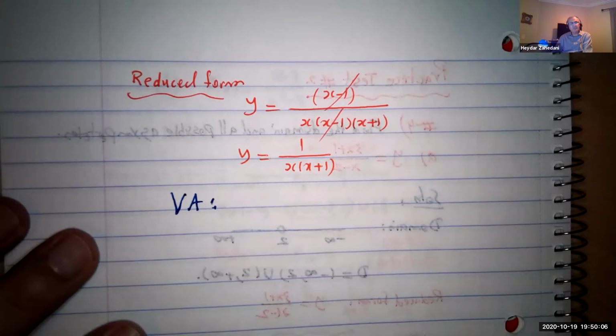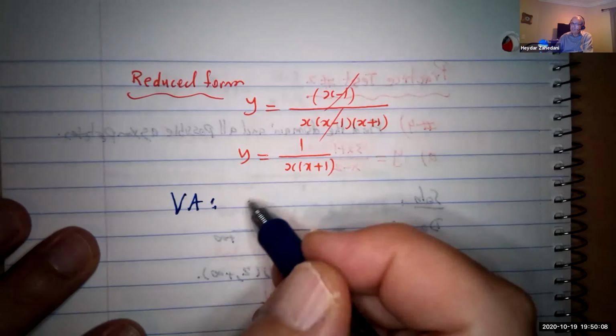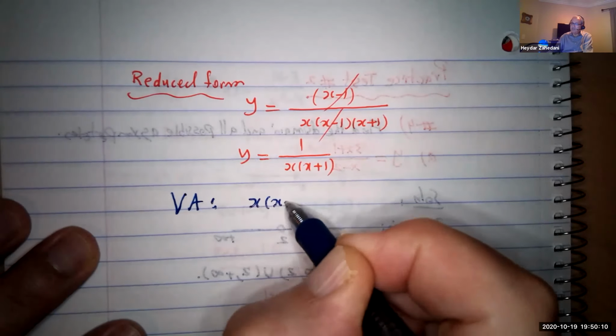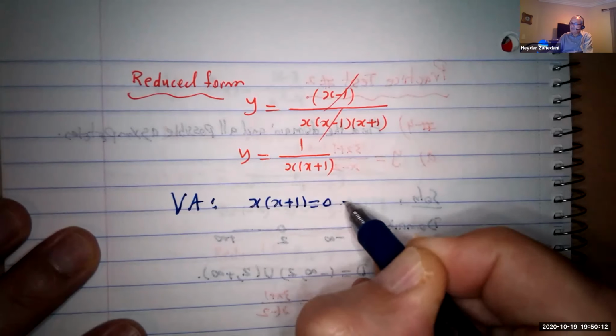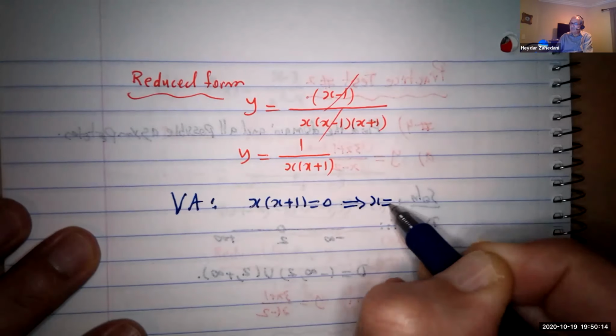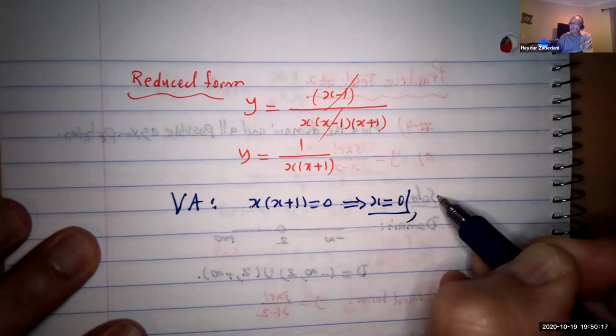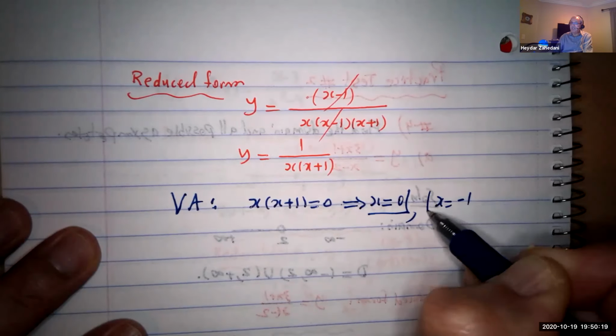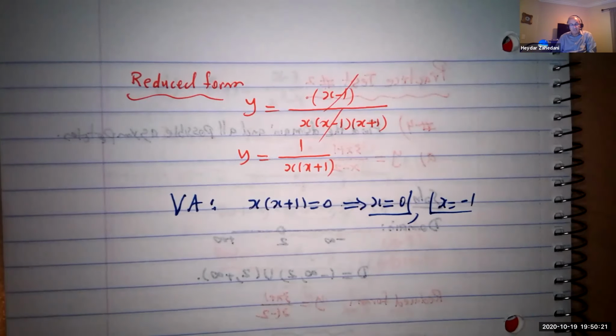Denominator equal to 0, that gives you two solutions. Okay, x times x plus 1 equal to 0. So that gives you x equal to 0, and x equal to negative 1, the second one. Two vertical asymptotes. If you don't simplify it, you are going to give us three vertical asymptotes, which is not correct. Okay, any question?